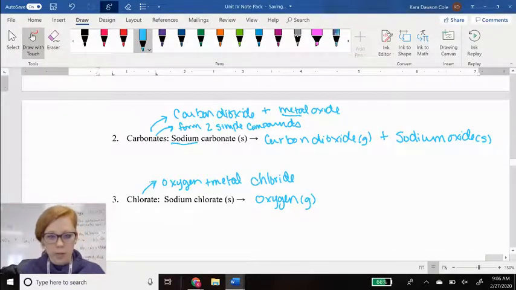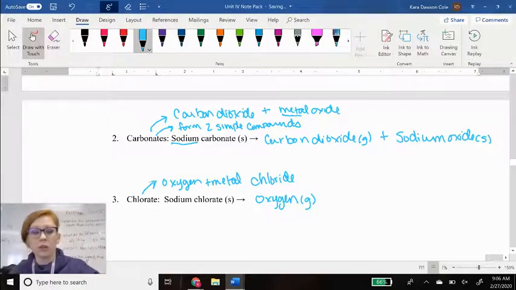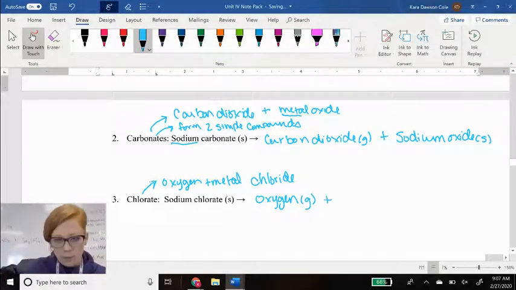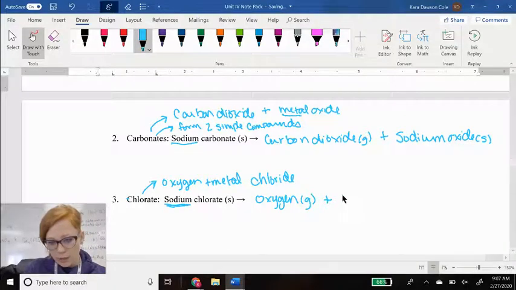So instead of chlorate, I'm going to chloride. This one is forming a chloride and an element. My metal here is sodium, so then I'm forming sodium chloride.